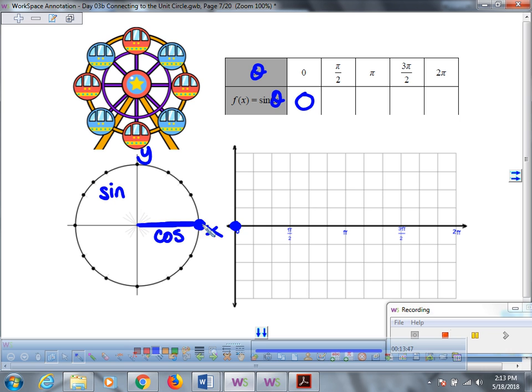Y is 0. What happens when I'm at pi over 2? What's y now? It's a unit circle. So when I'm at an angle of pi over 2, I'm going to be at 1. When I'm back over at pi, what's y now? 0.